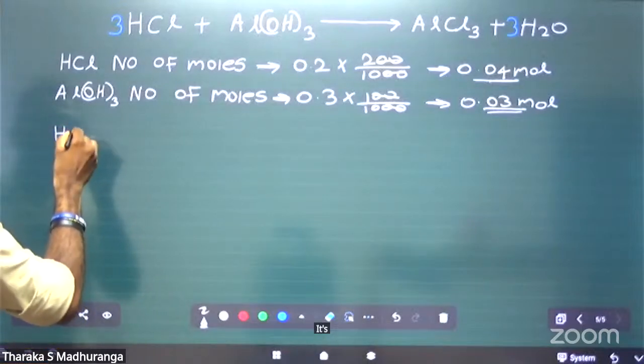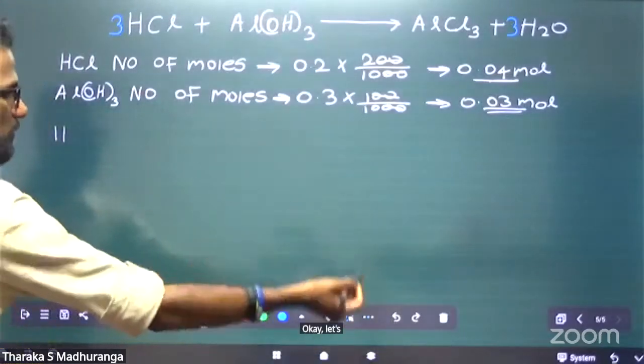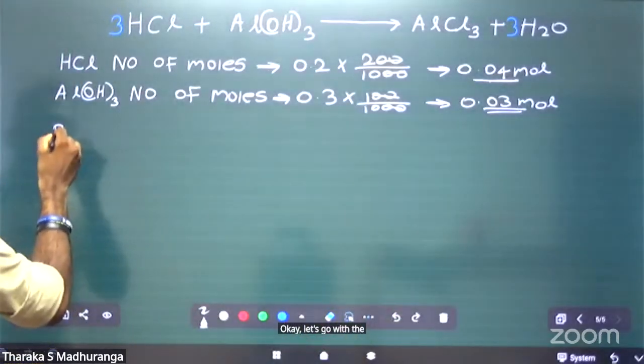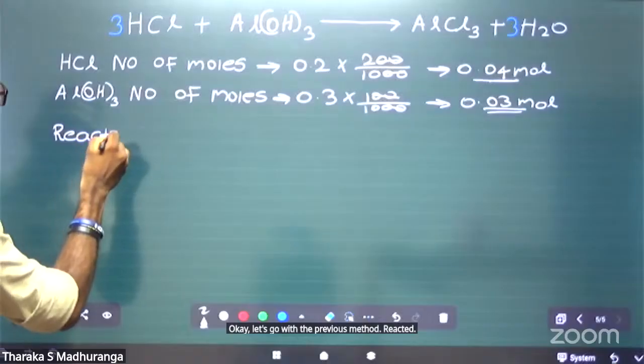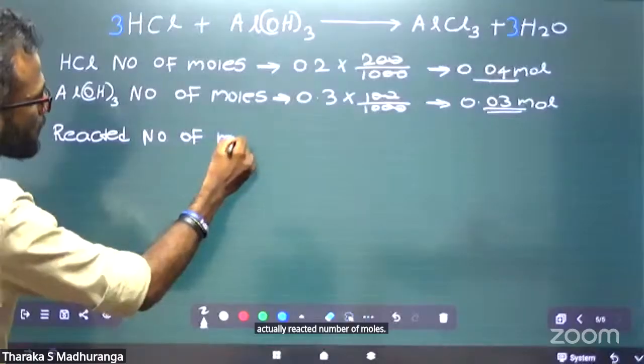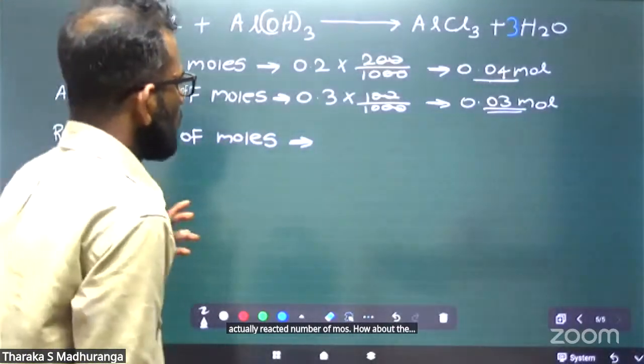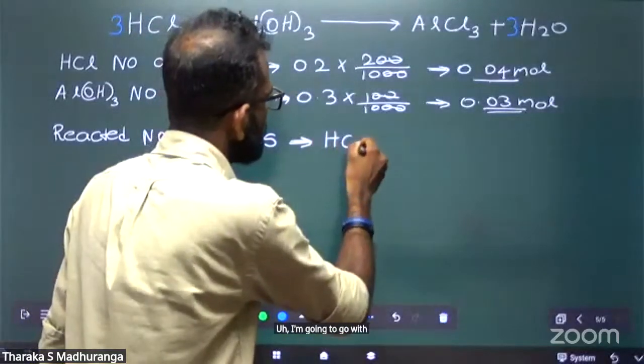Okay, I come to the third step. Let's go with the previous method: the actually reacted number of moles. I'm going to go with HCl first.